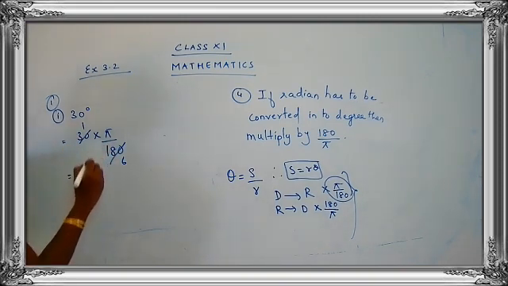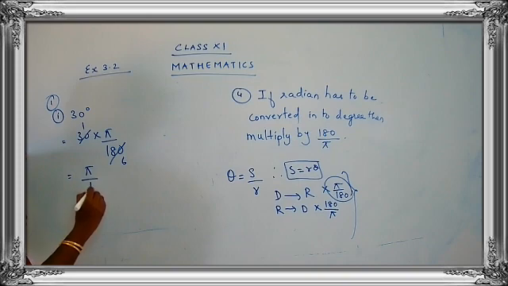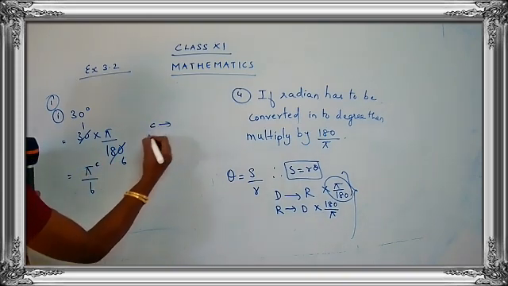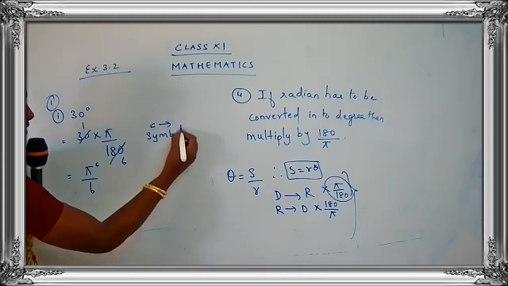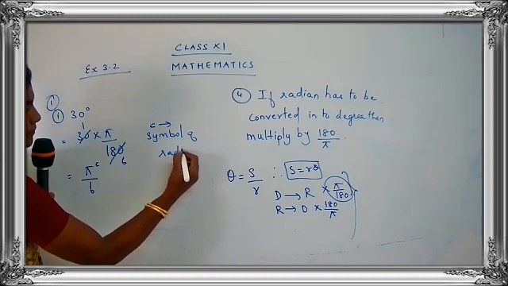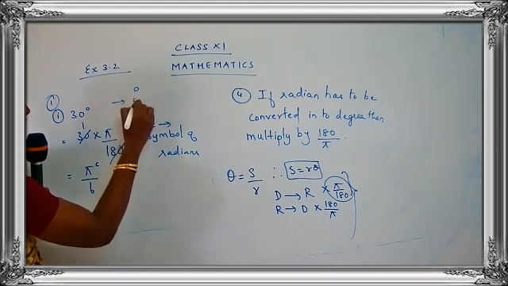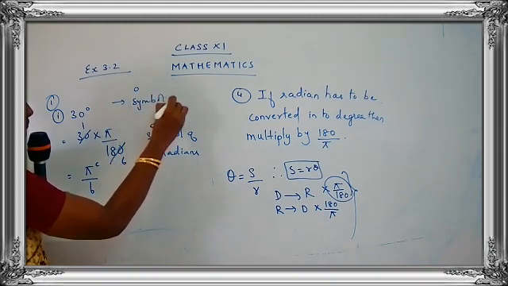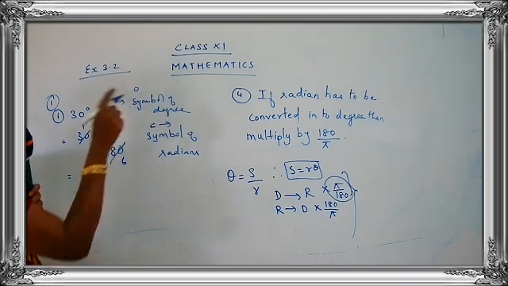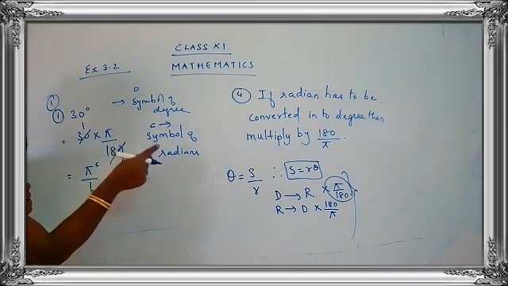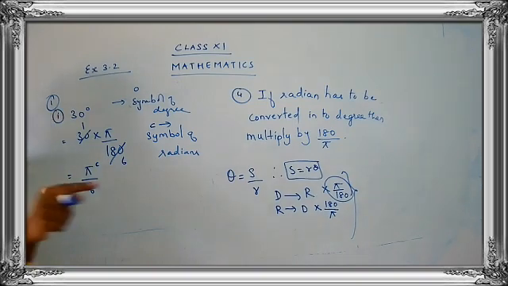So what is left here? Pi by 6 and put here small c. The small c is the symbol of radians. This degree sign is the symbol of degree. Clear? So when you put 0 it means degree, and when you put c it means radian, the symbol of radians. So this is the answer. Pi by 6 radians.